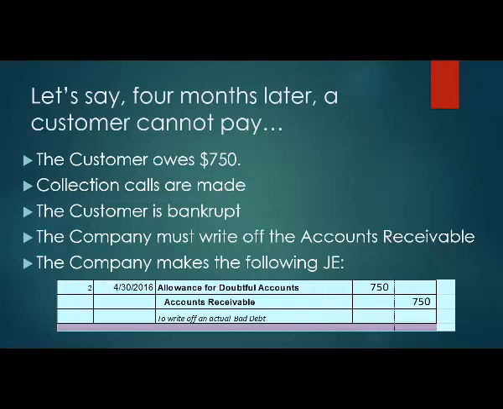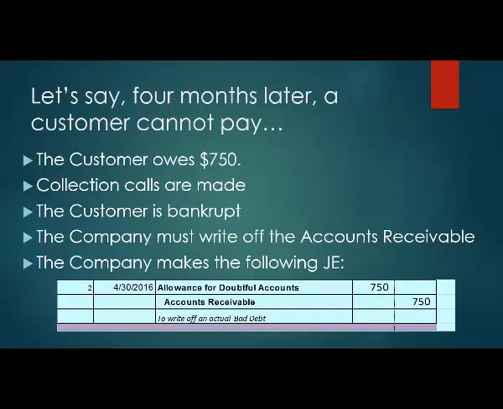Now, how does a company write off a bad debt? The customer owes money. That's $750. It is sitting in accounts receivable. Collection calls are made. The customer declares bankruptcy or says they cannot pay, will not pay, and the company must write off the accounts receivable. This is the journal entry to write it off.